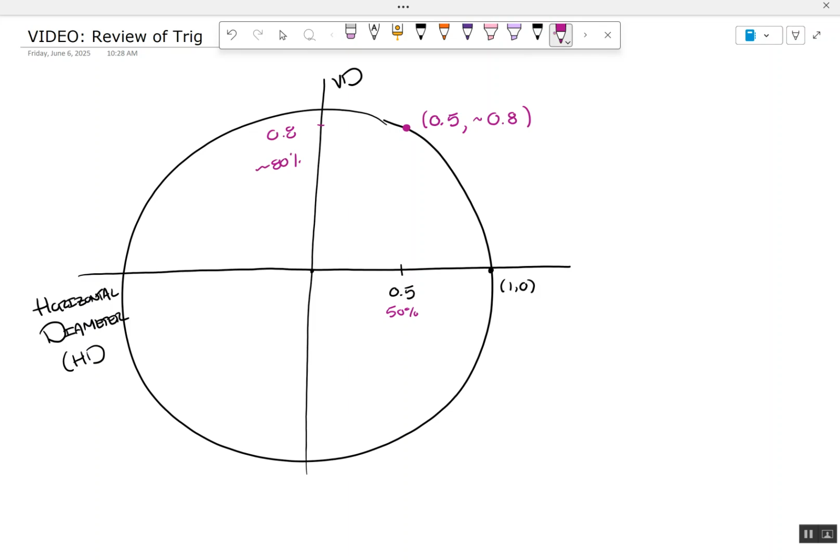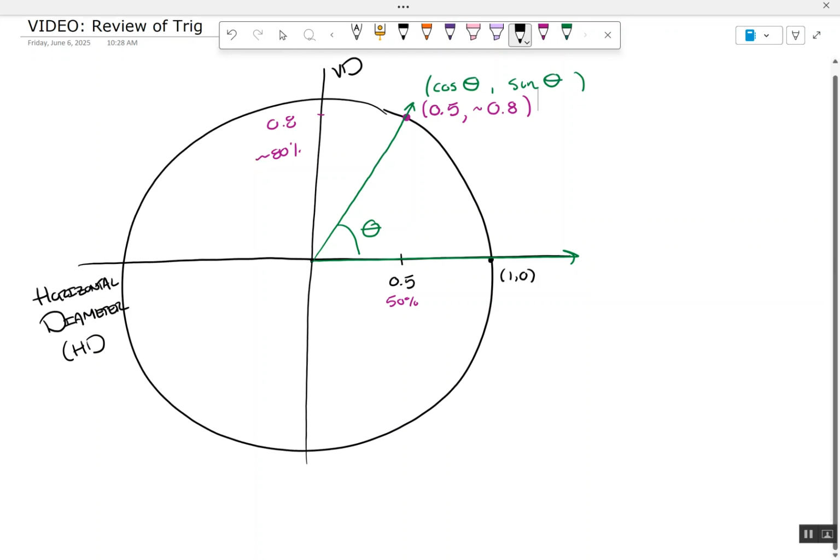Well, those guesses that we've made are guesses for the values of cosine and sine of this angle. And so we can write down a meaning for each of these functions.